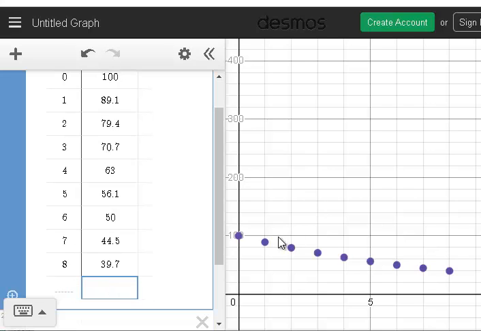So this is how the graph looks, the scatter plot.